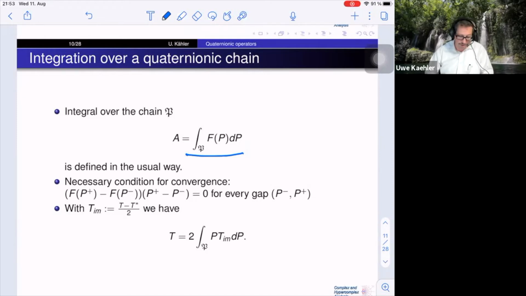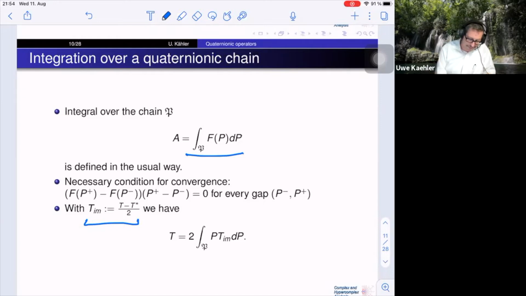If you want to check it, just write a special case where it's an infinite sum. And now there's one special thing you have to keep in mind in the quaternionic case, which is about the imaginary part. We define the imaginary part as t minus t star. For a quaternionic one, that means just the vector part.